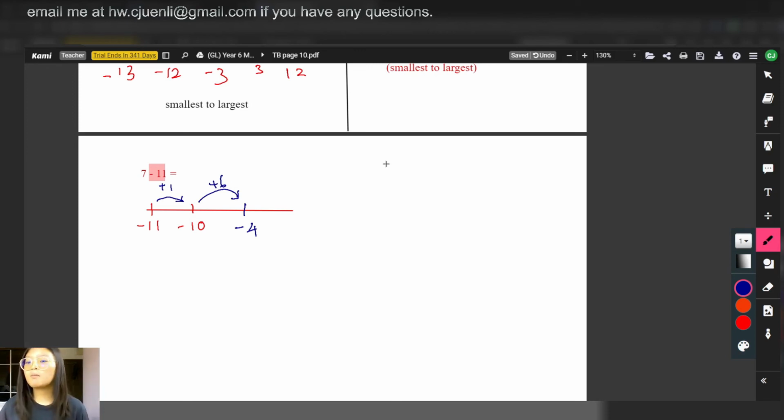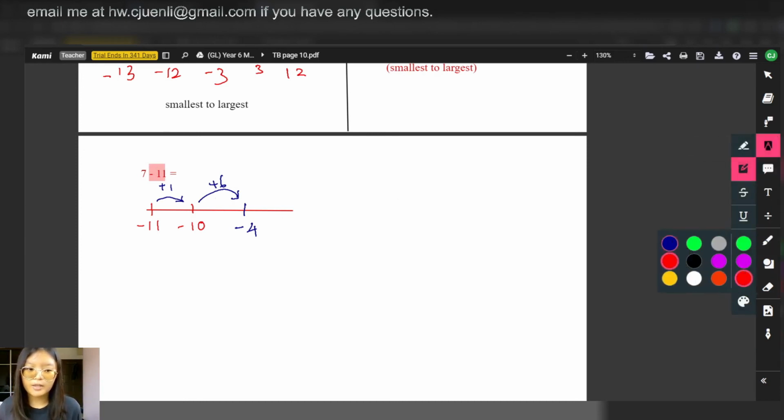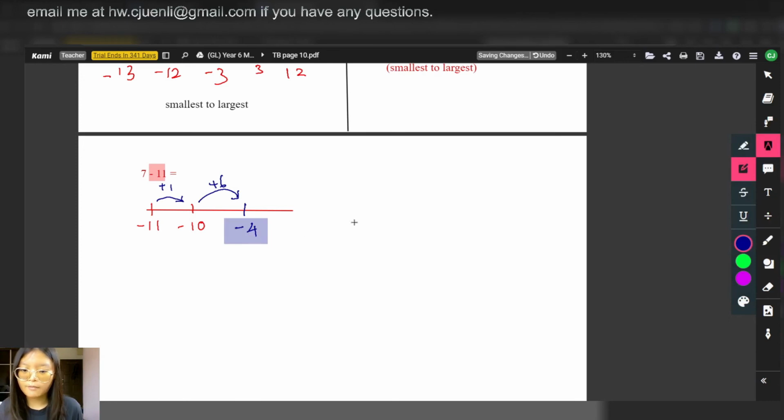So with positive and negative numbers you need a lot of practice to slowly get to find out about it and everything else. So feel free to just ask me if you have any questions at all. So this one normally is when there are negative numbers or even when addition comes in. So this is actually your answer right over here, negative 4.